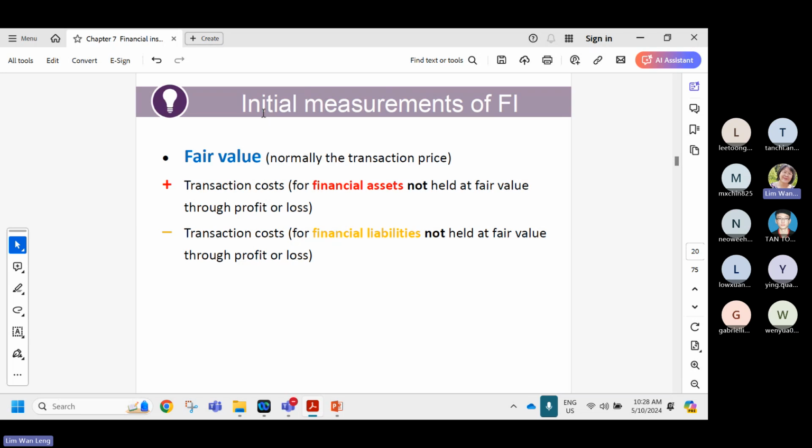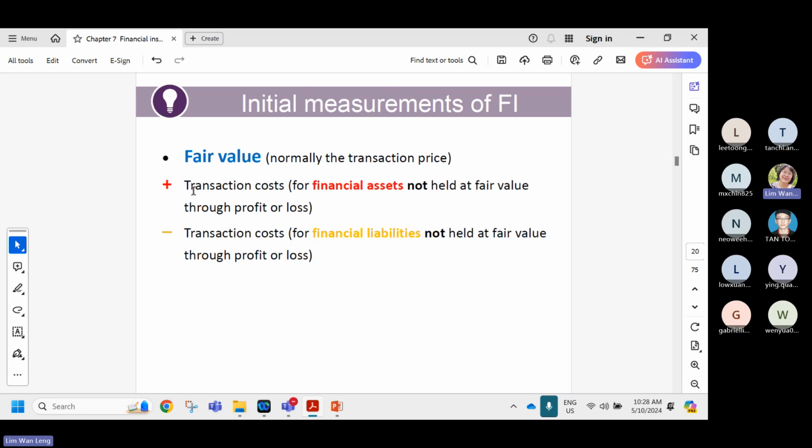So initially, all the financial instruments are to be measured at fair value. So fair value means what? What is the transacted price? Okay, so that means if you buy and sell at this particular price, this will be your fair value. And then sometimes you may incur transaction costs.